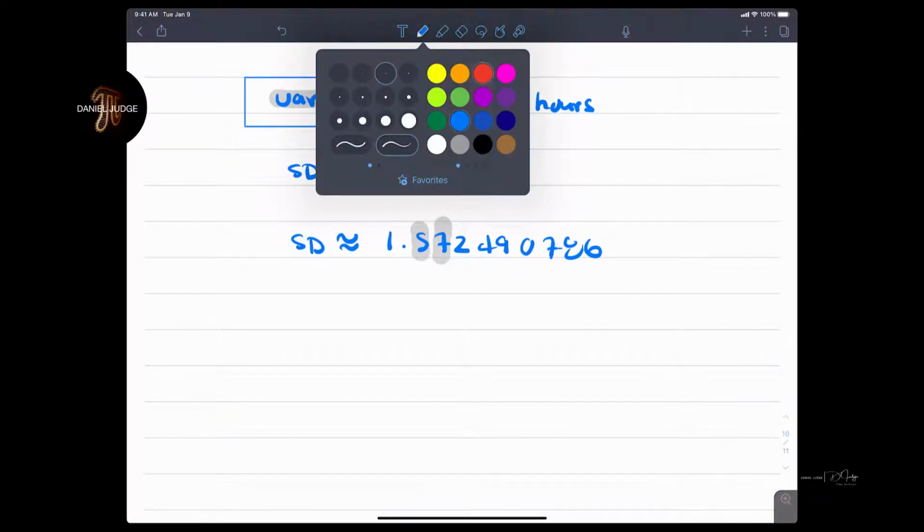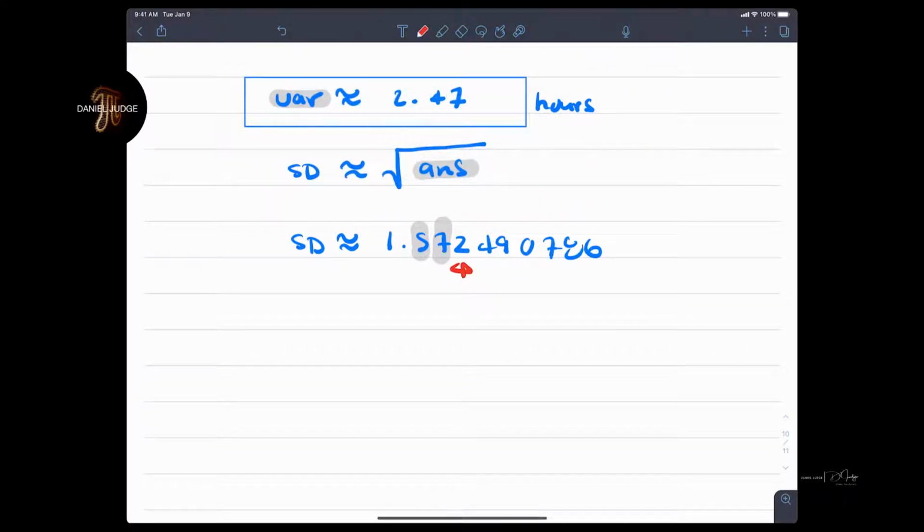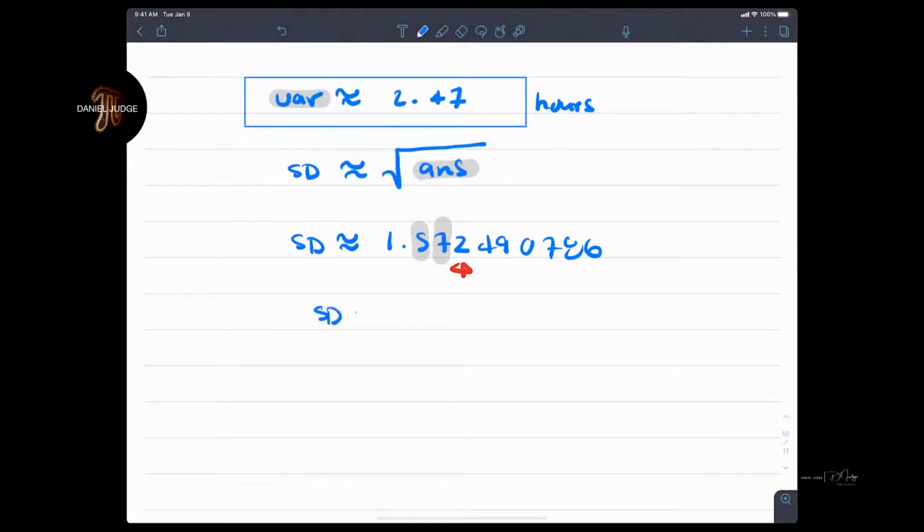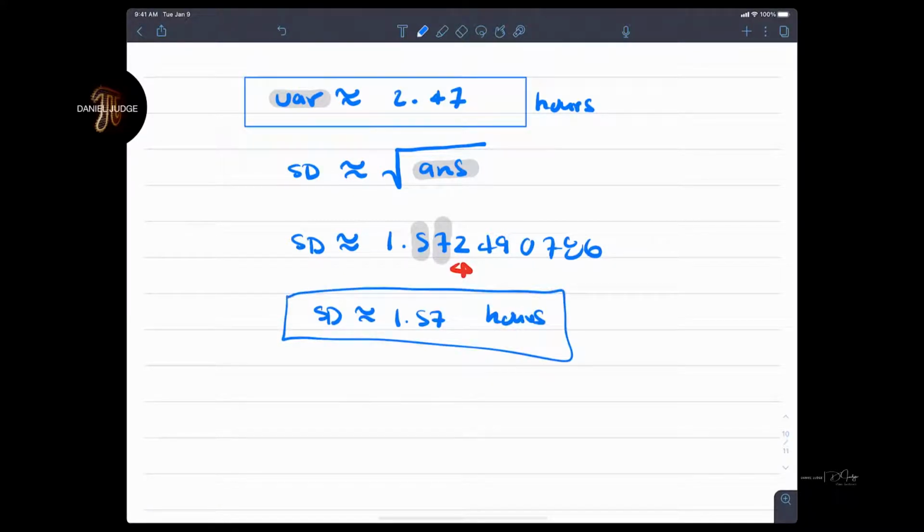The digit to the right is a 2. We leave the 7 alone. Ladies and gentlemen, standard deviation, we're computing to be approximately 1.57. And that's also in hours. So ladies and gentlemen, this is how consistent our data set is. We just found the standard deviation as well by the shortcut formula.